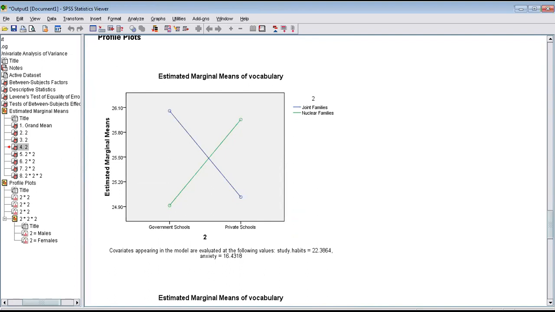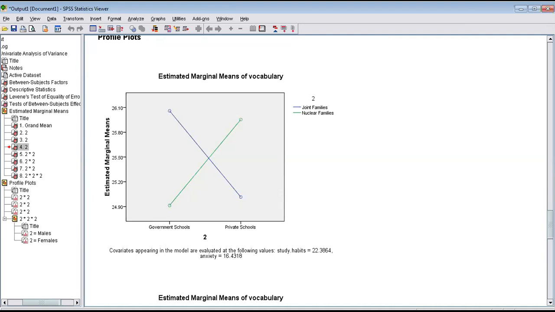The graph may show the interaction because there were many variables which might have played their role, which we did not consider in our research. So the graph is to be plotted only and only if your interaction F value is significant.